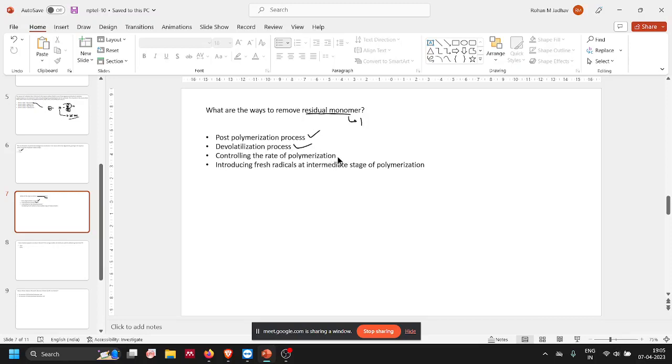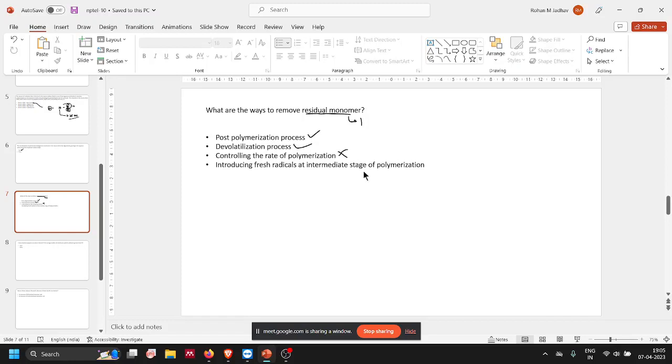Controlling the rate of polymerization won't help in removing the residual monomers, since this is a phenomenon which occurs during the polymerization process, and not at the end, which is the removal of residual monomer.